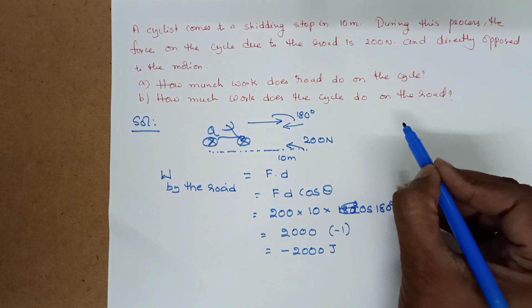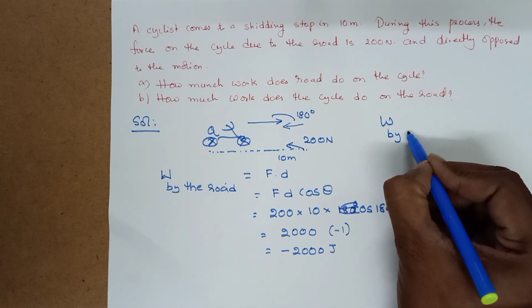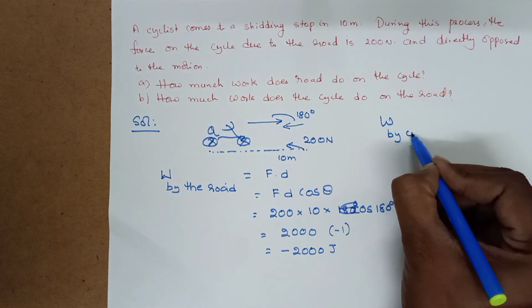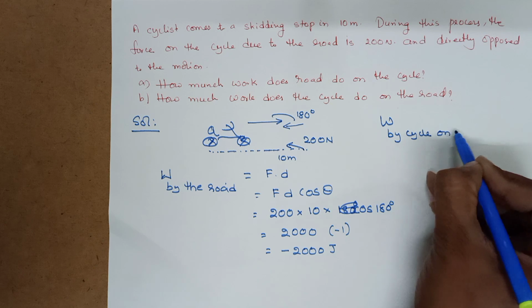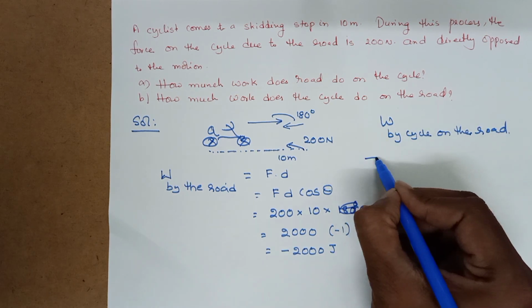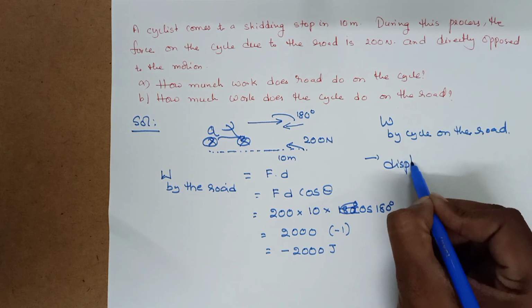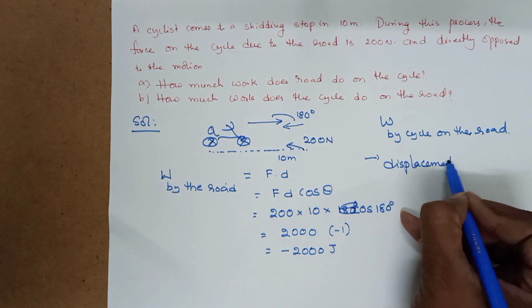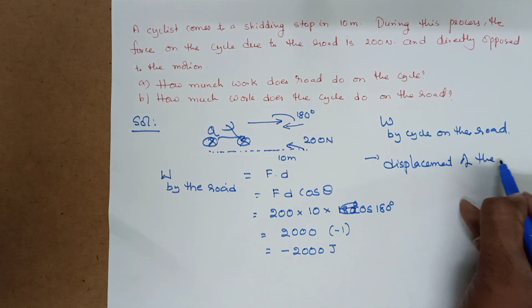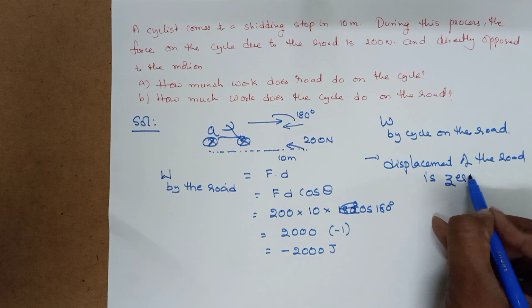Second one, work done by the bicycle on the road. Here, what is the displacement of the road? The displacement of the road is 0 because the road cannot be moved.